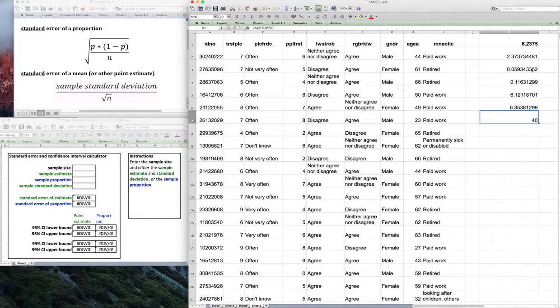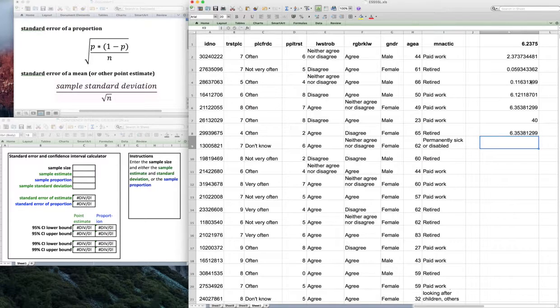There we go. There's an easier way I could have done that, which is just to take equals sample mean plus we've already calculated what 1.96 times our standard error was there. Get the same result.